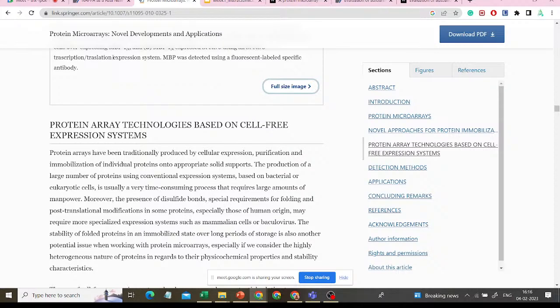Now comes the cell-free expression systems. As I already mentioned, with proteins it becomes quite difficult and tedious to understand how the protein is expressed and then taken out. So people have generally used cell-free expression systems.